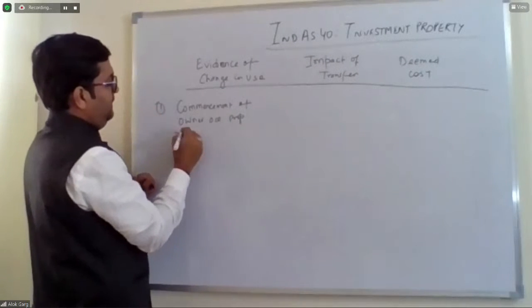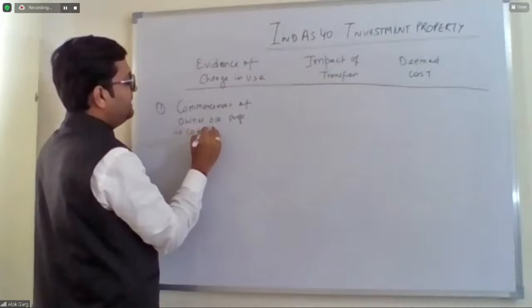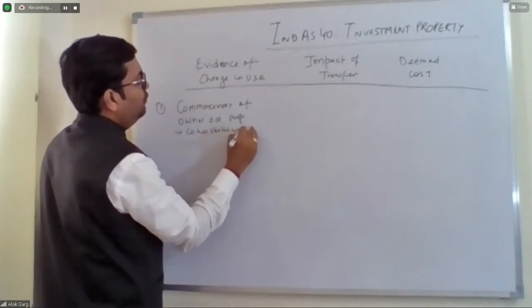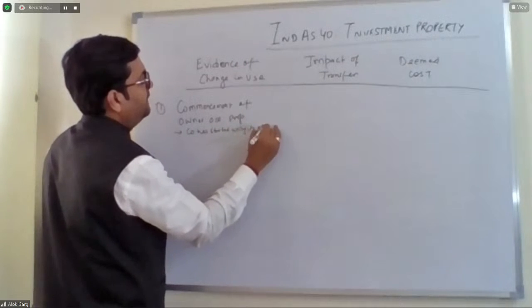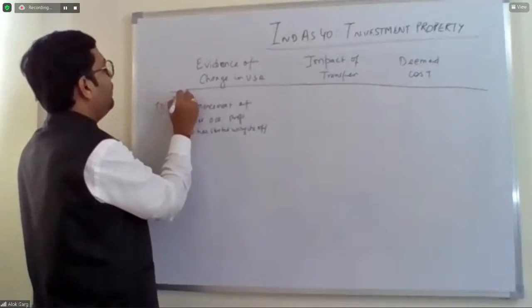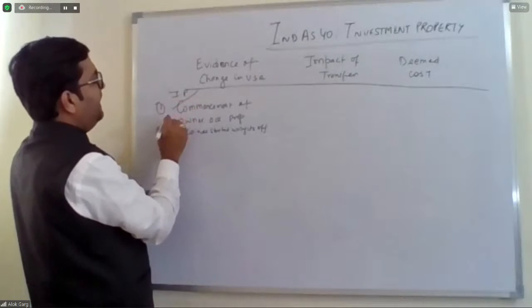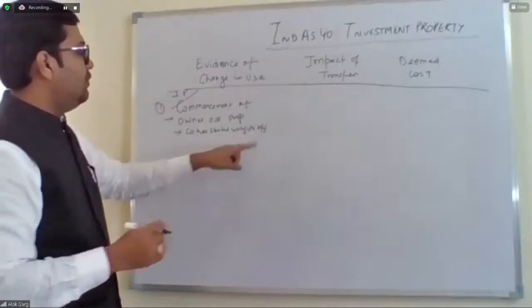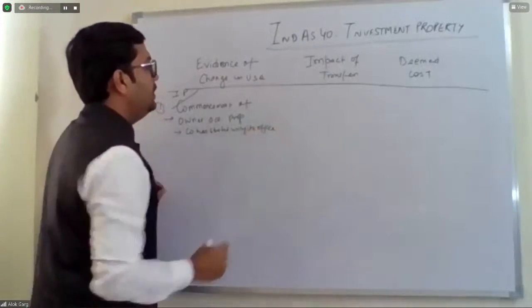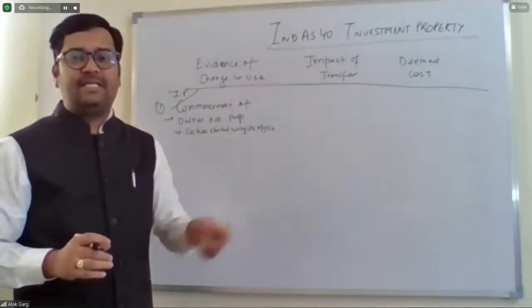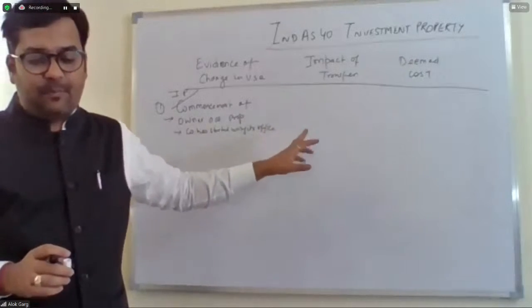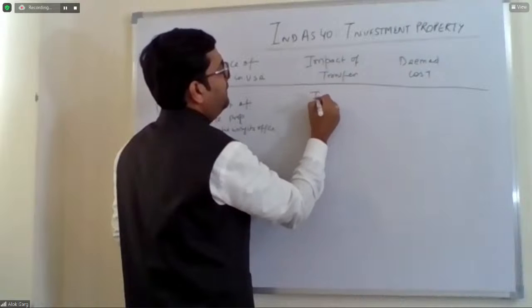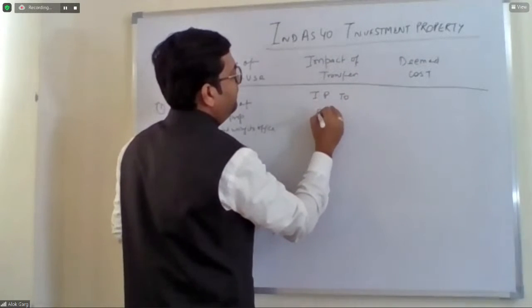It means the company has started using its office. Earlier it was investment property. Now the company has started using it for business purposes. So this will be classified as a transfer from investment property to PPE.